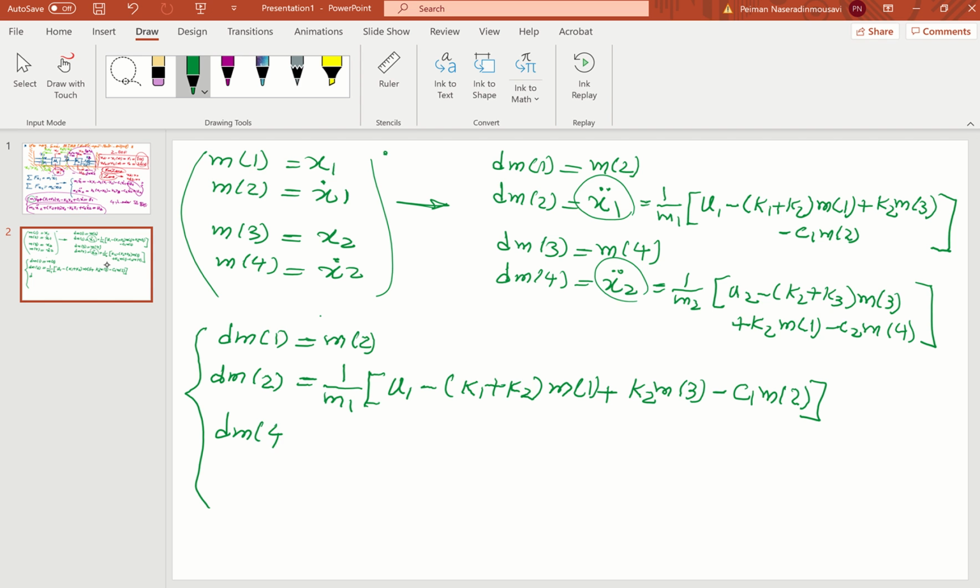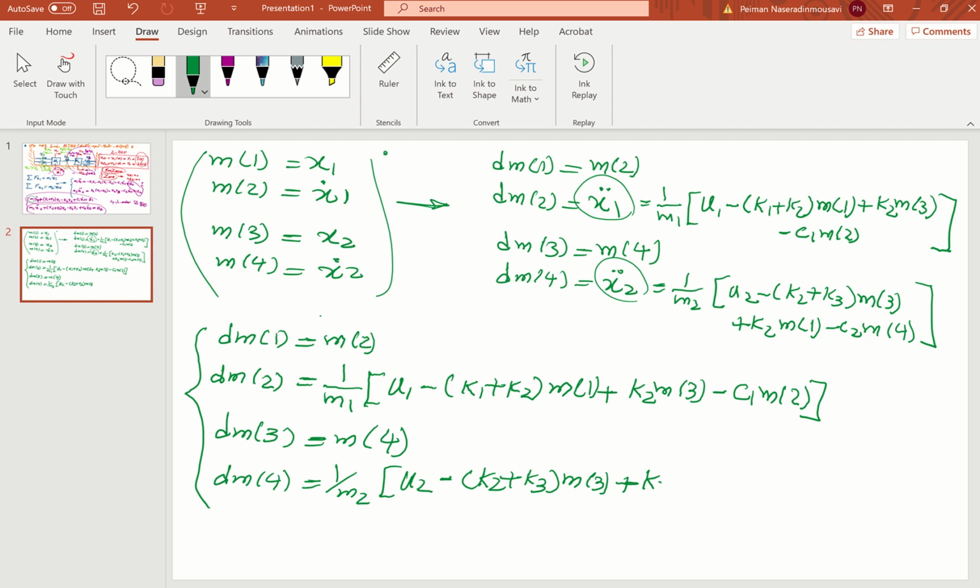That you're gonna exactly write in Matlab for this MIMO system. And dm4 gonna be 1 over m2 u2 minus k2 plus k3 m3 plus k2 m1 minus c2 m4.